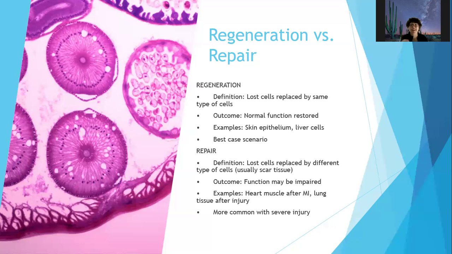It's weaker and it's a different kind of tissue. The function might be a little bit impaired, but it depends on how much scar tissue there is. Take heart muscle after a myocardial infarction: cells die, you get scarring with the coagulative necrosis, the scar draws in, and you get less function. Lung tissue after injury is another example where you get less function.